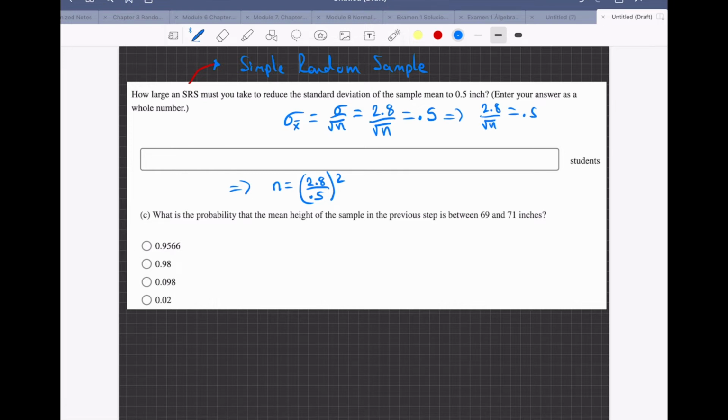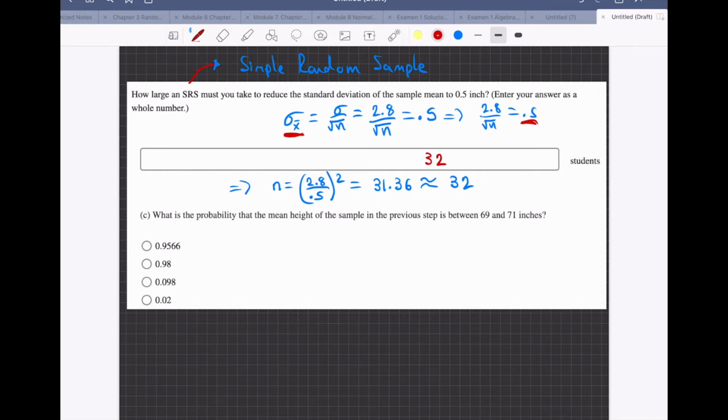And you are going to get 31.36. But if you round it up to the next whole number, this is going to be 32. So the answer is 32. So we need to take a sample of size 32 to guarantee we will have a standard deviation of the sample mean equal to 0.5.